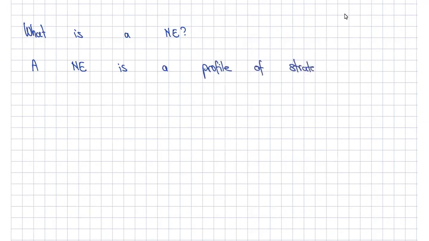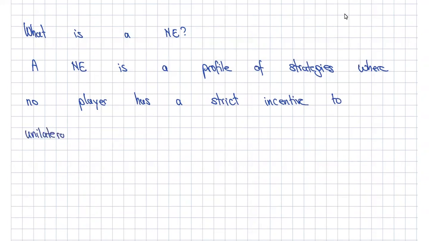So what is a Nash equilibrium? Well, a Nash equilibrium is a profile of strategies where no player has a strict incentive to unilaterally change their strategy.